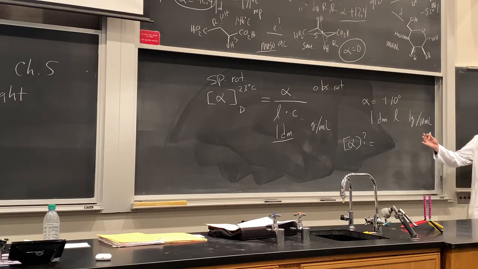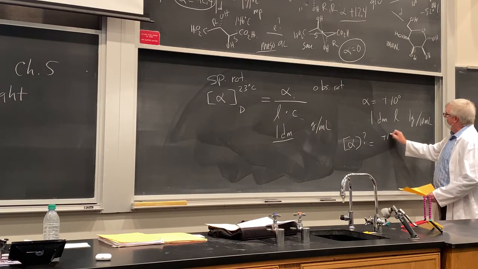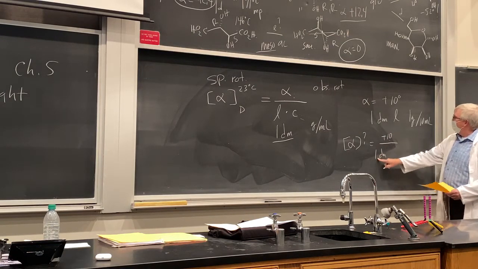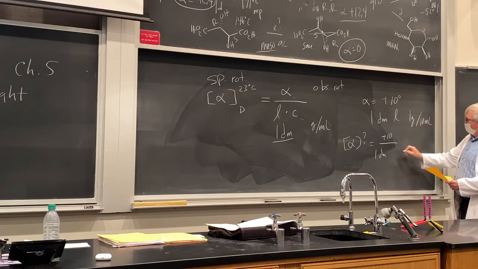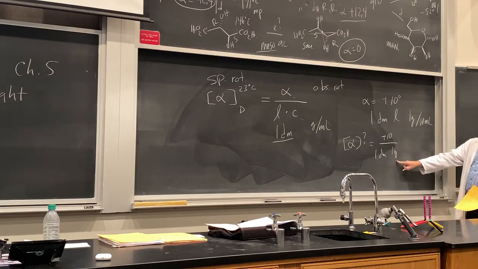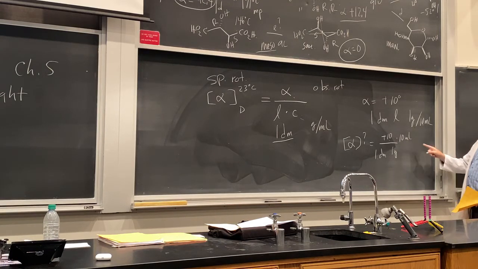And this is typical of ones I could ask on a test or a quiz, right? So the optical rotation is plus 10 divided by 1 decimeter. Good. You don't need to worry about that. And then grams per milliliter here. Well, this would be 1 gram per 10 milliliters. That'd be in the denominator of the denominator, so you'd switch that up to the numerator, right?